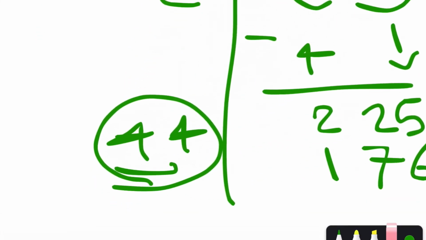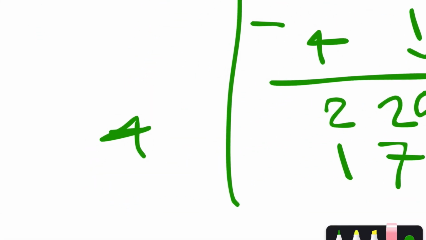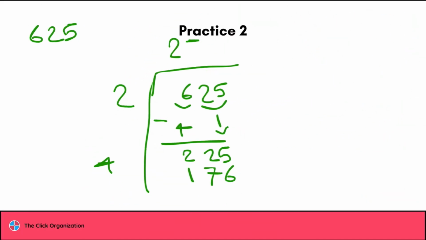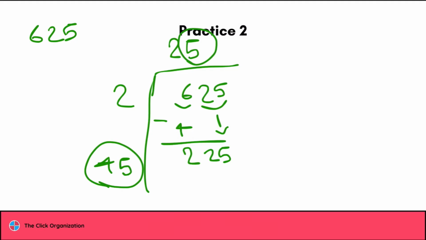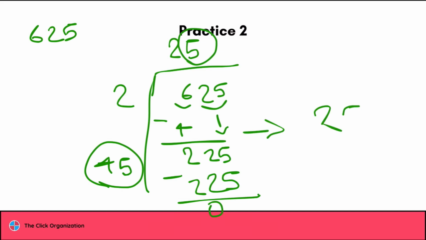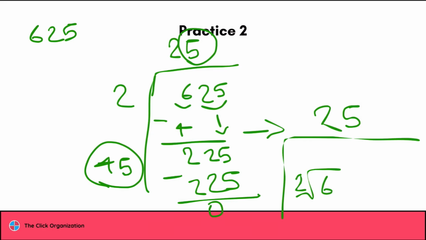So let's pick 5 instead of 4. So writing 5 on top and on the right. So 5 times 45 is going to be exactly 225. Doing the subtraction, the result is 0. So our root is 25. So right now we know that the square root of 625 equals 25.